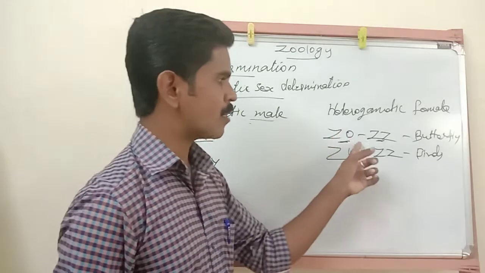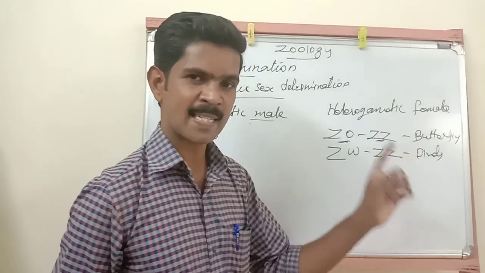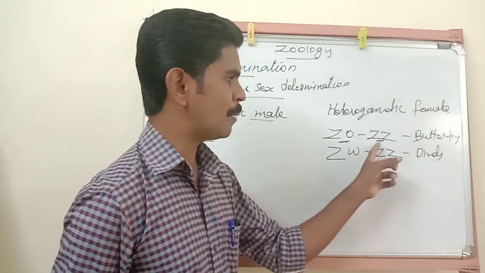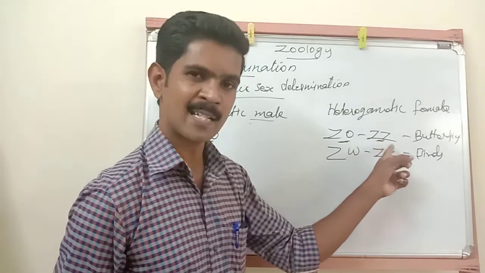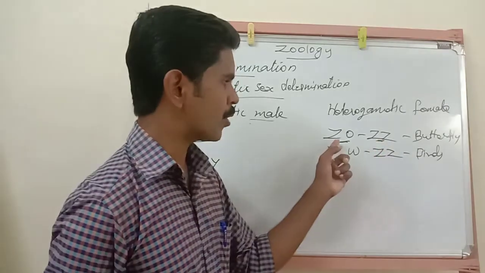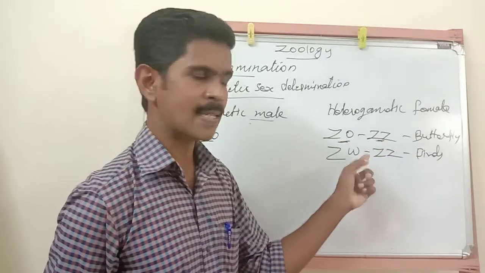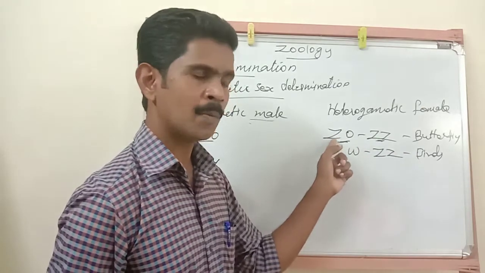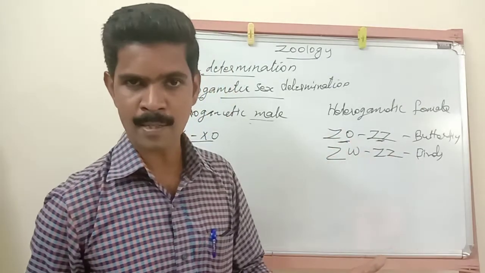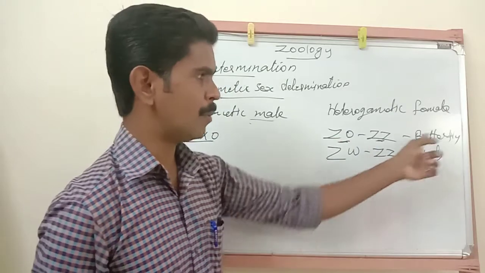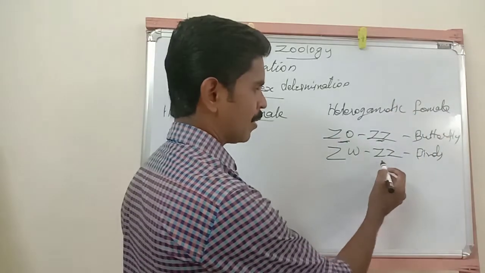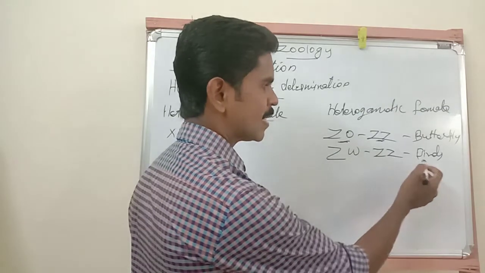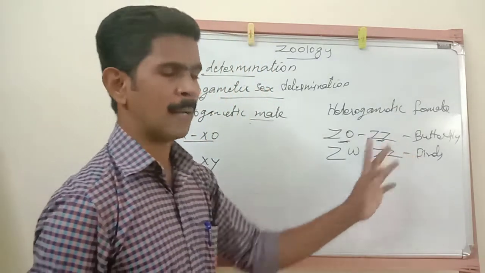So in ZO, ZZ type of sex determination, the male produces only one type of sperm, having one Z chromosome, but the female produces two types of eggs: some eggs carry a Z chromosome and in some eggs there is no Z chromosome. Example, butterfly. Then the next type of heterogametic female is ZW, ZZ type of sex determination. Example, bats.